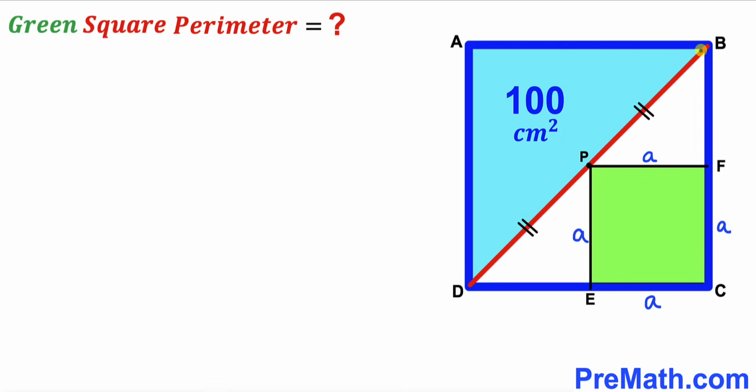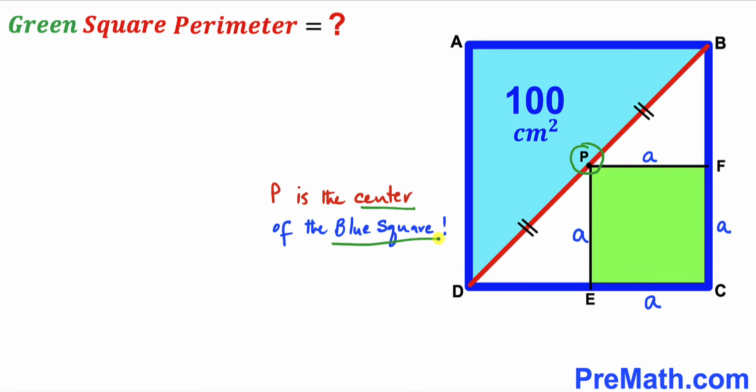And now let's make an observation. Let's focus on this diagonal BD, and we can see that P is the midpoint. So therefore we conclude that this point P is the center of this blue square ABCD.